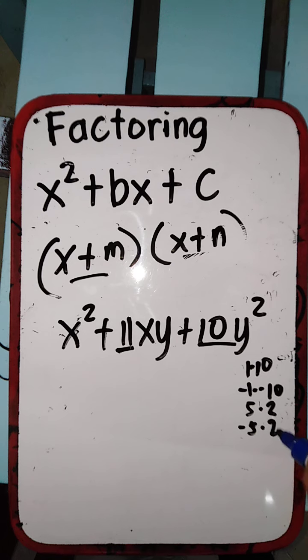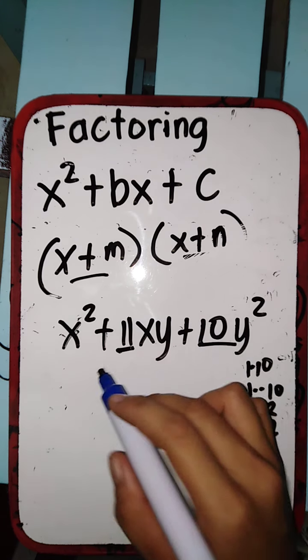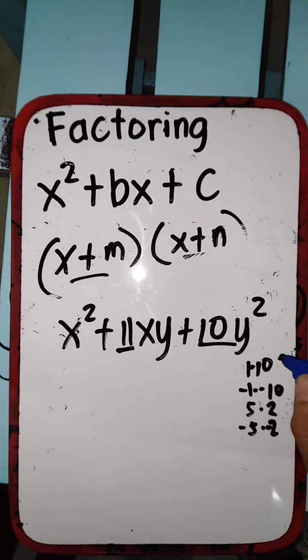Negative 5 times negative 2. These are the factors of 10. So, let's find the factor of 10 whose sum is equal to positive 11. 10 plus 1, 11. Negative 1 plus negative 10, negative 11. 5 plus 2, 7. Negative 5 plus negative 2 is negative 7.